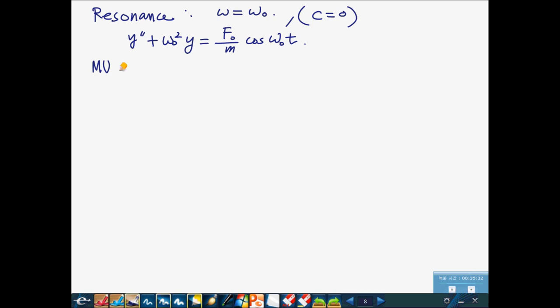So from MUC, right, YP has to be A cosine omega naught T plus B sine omega naught T, right? From primitive family, primitive functions, but what's the problem? What about homogeneous solution?